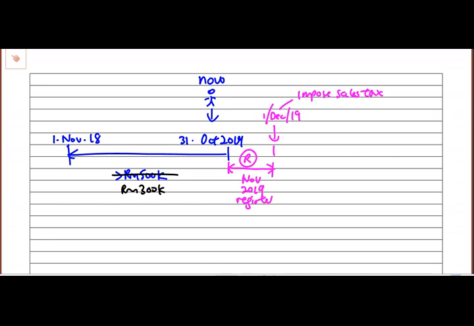But if you are in the month of October 2019, you will look forward for the next 11 months, that means until 30th September 2020. So you're looking at the future 12 months from the month of October until 30th September.